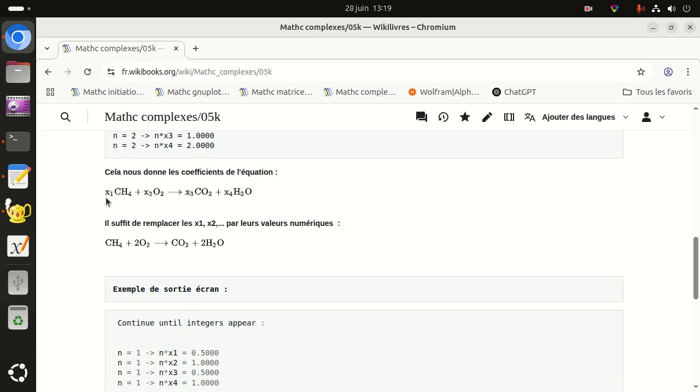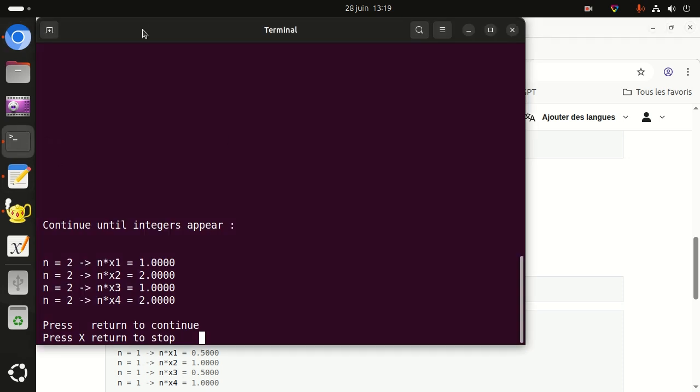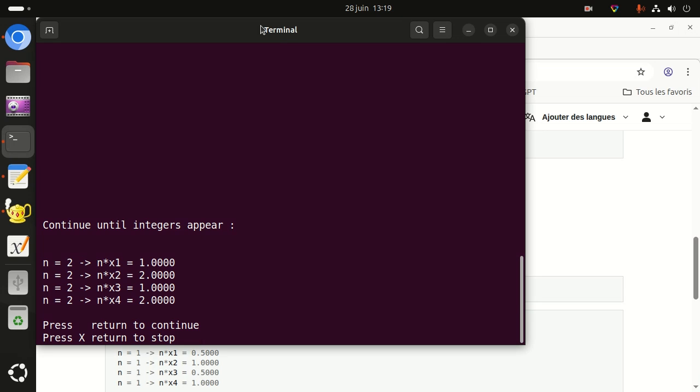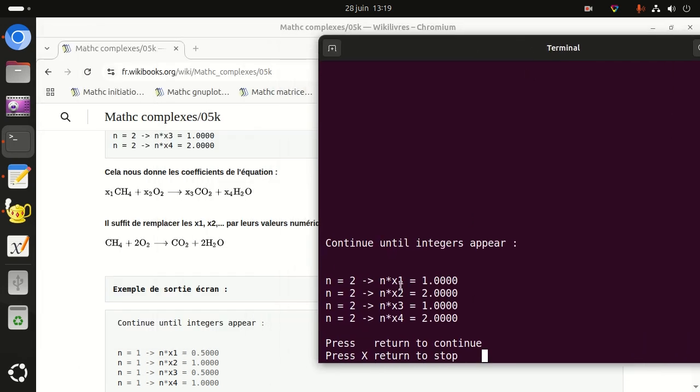I have computed x1. Oh, sorry. I have computed x1 equal 1. x2 equal 2. x3 equal 1.